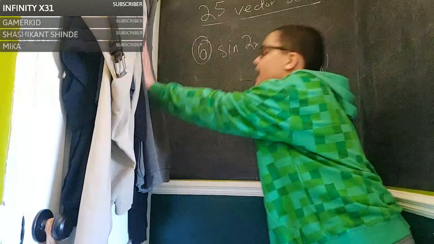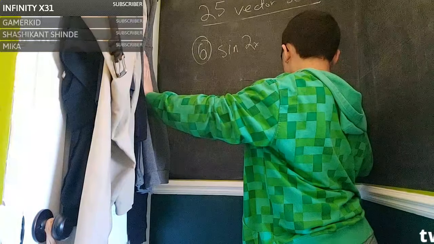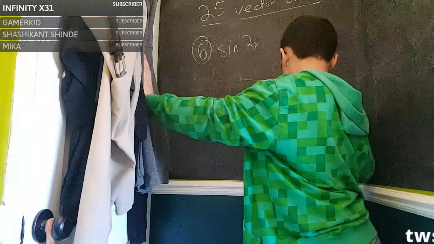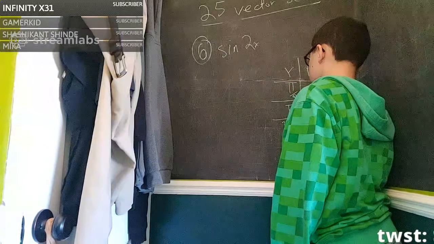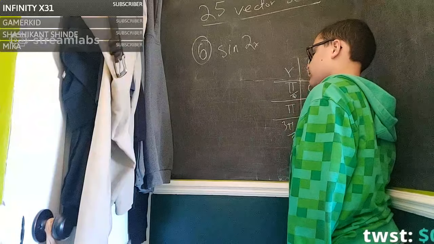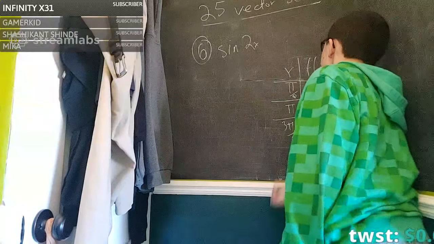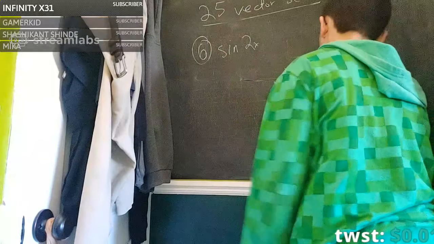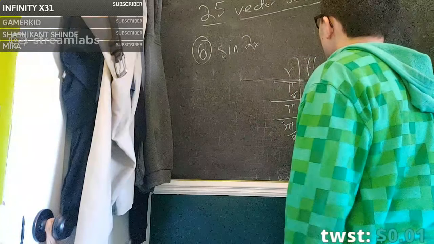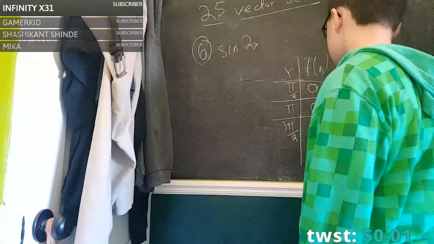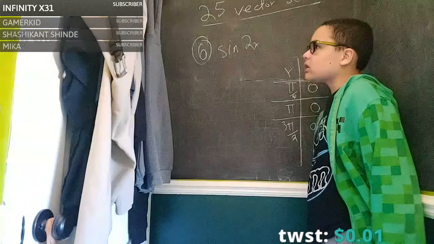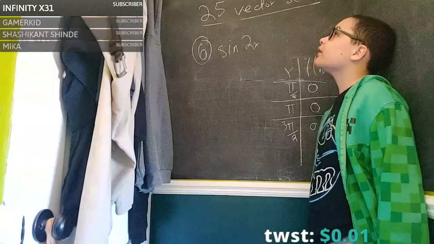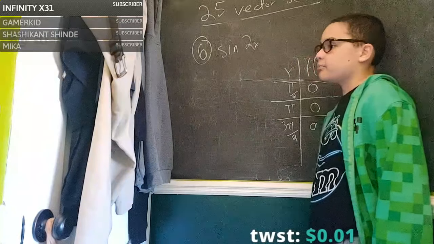It's 0. Okay. Now, 3 pi over 2, multiply by 2, 0. So it seems like this function's always equal to 0. Am I doing something wrong? Is sine of 3 pi not 0? It's 0, I think, probably.